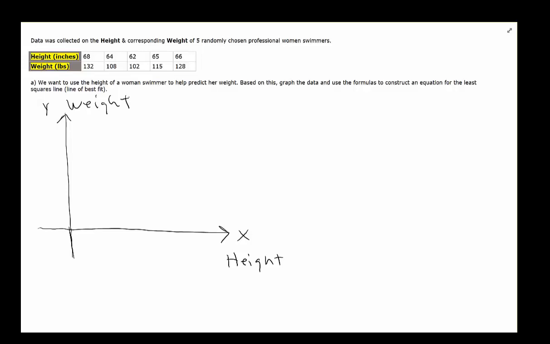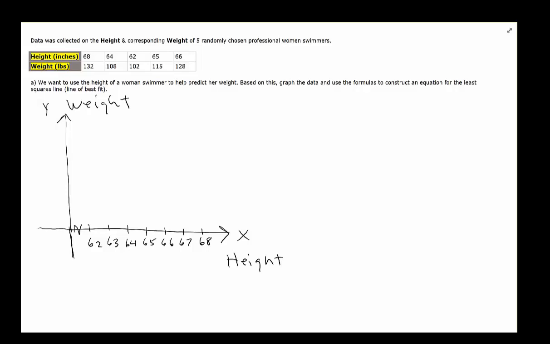So 62 is the smallest, 68 is the largest. So I might break the axis here and start at 62, 63, and just go by one. 64, 65, 66, 67, and 68. The weight variable: 132, 108, 102, 115, and 128.